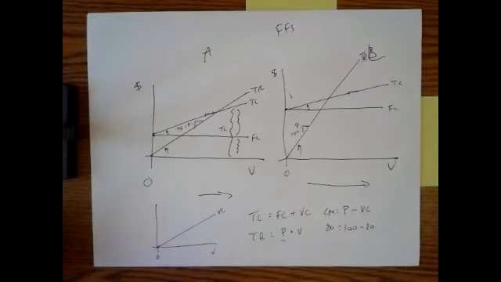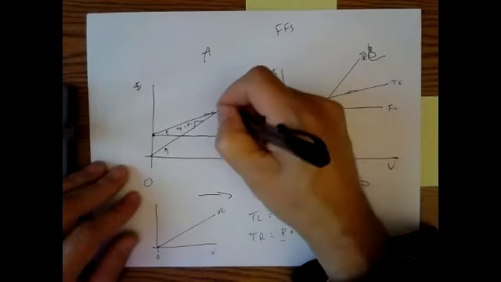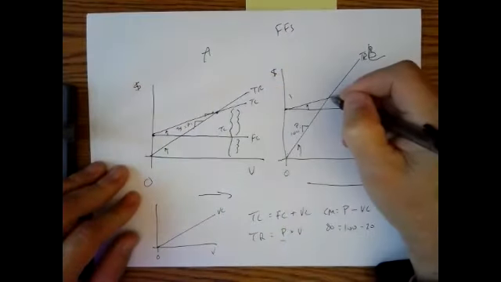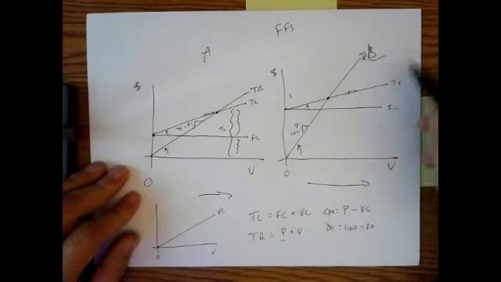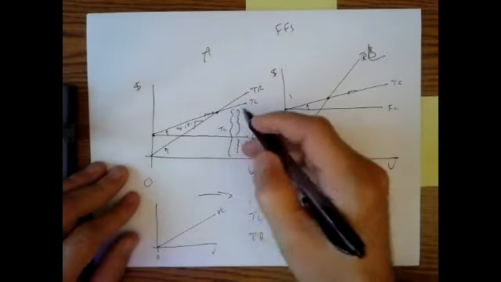All right. Which provider needs higher volume to break even? The break-even point is the point where total revenue equals total cost. So that's where the total revenue line crosses the total cost line. So we have total revenue here, total cost here.